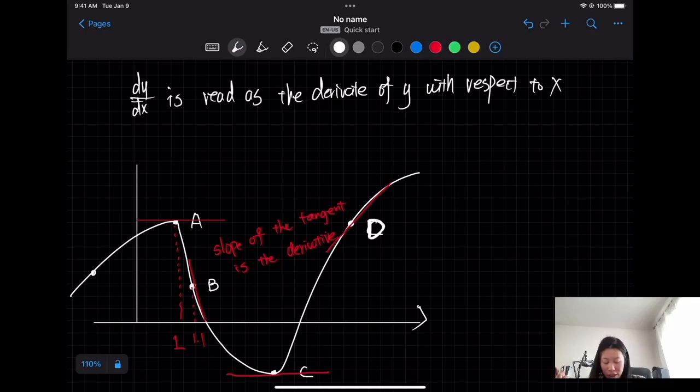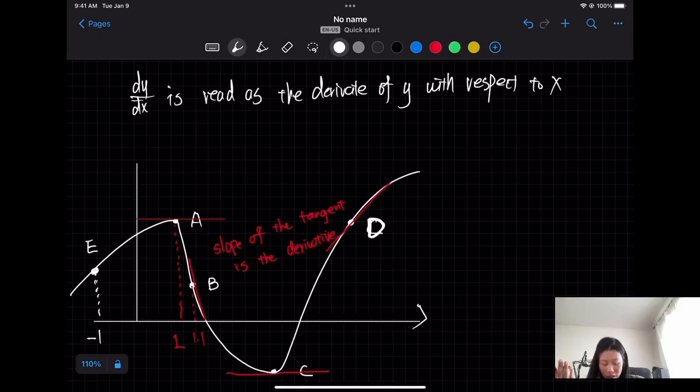You can have a negative derivative, like say this is point E, the derivative at point E exists, and let's say this is negative 1.2. So we can find the derivative at x equals negative 1.2. Well, in here, the slope is going to be a positive number.